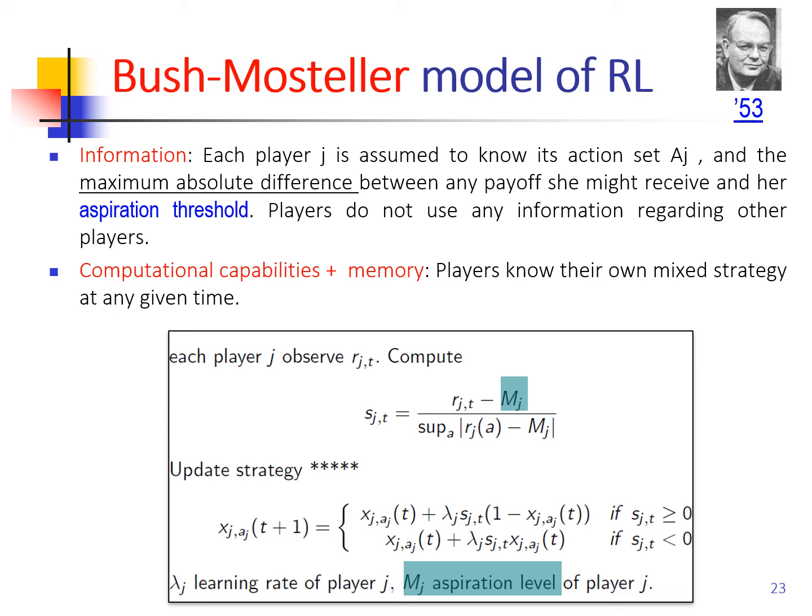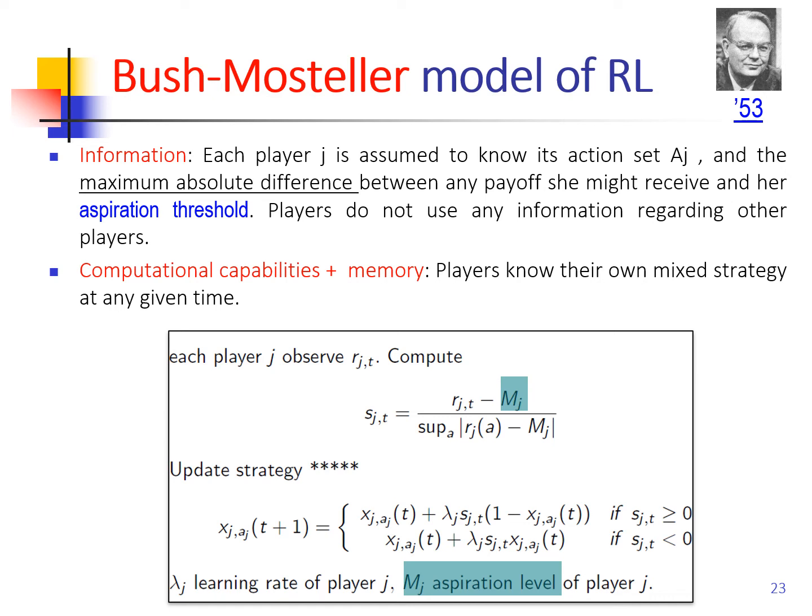And then you do what we did before. We want to write down iteratively the update for the strategy, which here corresponds to x_j,a_j at time t plus 1, which is going to be equal to x_j,a_j(t) plus this learning rate lambda_j multiplied by this s_j(t), multiplied by 1 minus x_j,a_j(t).